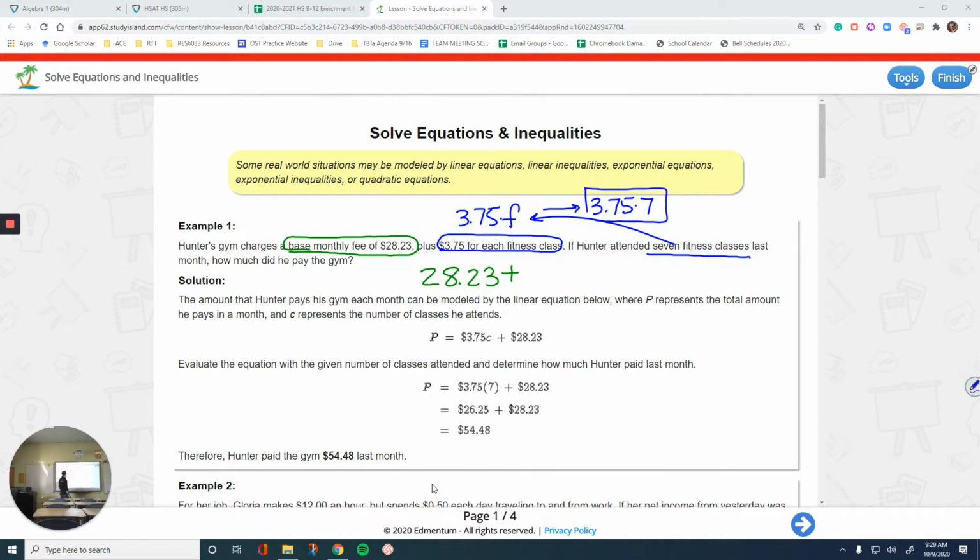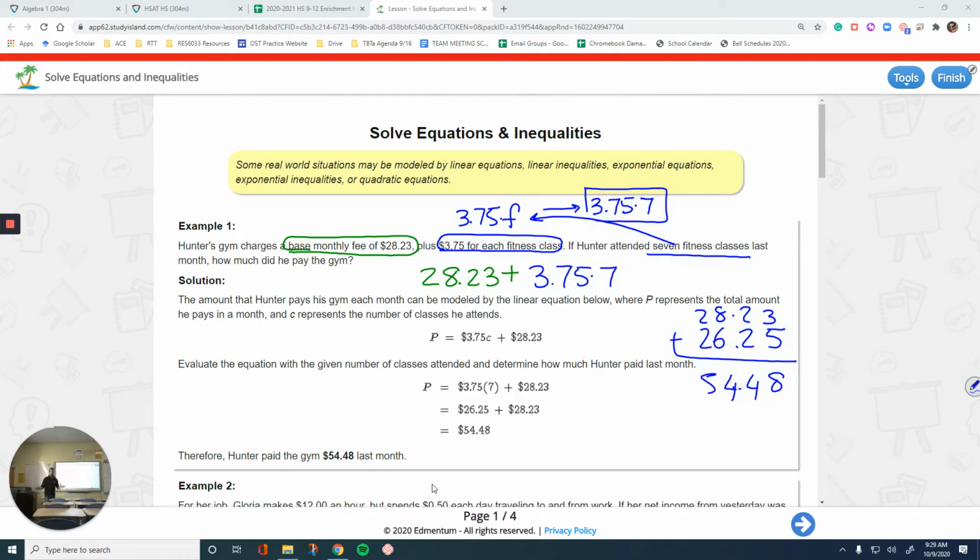How much did he pay? Oh, Hunter is not a girl. Okay. 3.75 times 7. So this would be my answer. So 3.75 times 7 is going to be 26.25. And if we add 28.23 to this, it's 54.48. So that would be the answer.